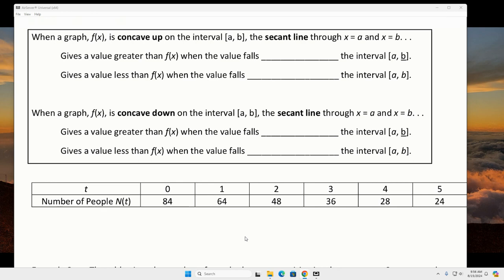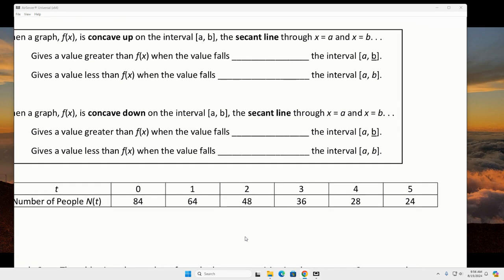But the rule is, when a graph is concave up on an interval from A to B, and the secant line through A and B, so this is A and this is B, the secant line through AB is going to give a greater value than the original function anytime the value falls inside that interval.